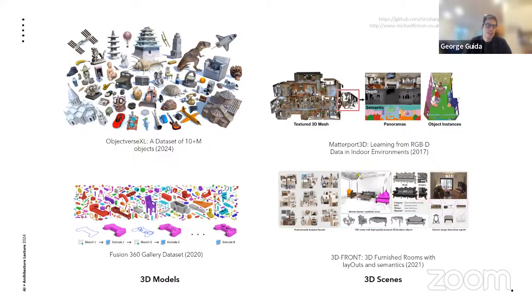On the left-hand side, you can see one of the most recent ones, which is Objaverse-XL. It really increased the number of models available from previous data sets. There was Thingi10K, which was literally 10,000 3D printing models, and this is now 10 million. So there's a huge increase over time in that data availability.